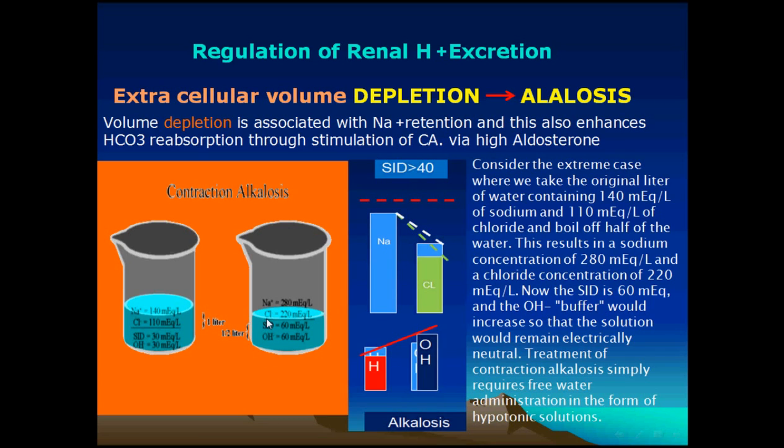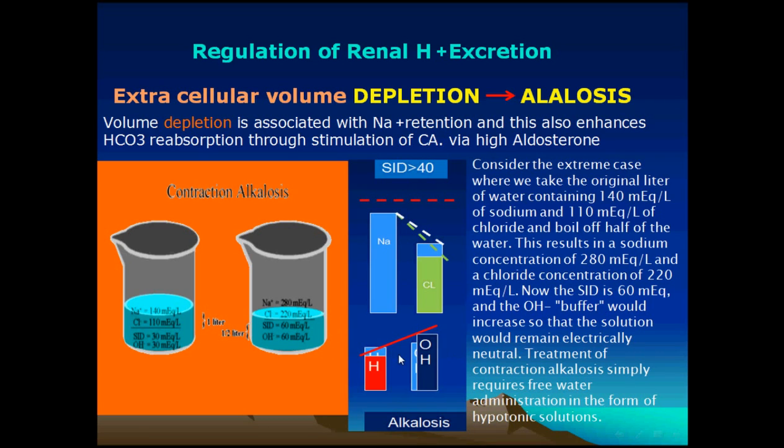The hydroxyl group increases due, number one, to dehydration. Number two, dehydration will be associated with increased osmolarity, and aldosterone will be increased, and this will stimulate carbonic anhydrase, and carbonic anhydrase will stimulate reabsorption of sodium bicarbonate. So in cases of depletion or dehydration, hemoconcentration increases the hydroxyl group, and this will be associated with a concomitant decrease in the hydrogen ion, because the two together give us the pK of 14 we've mentioned before.